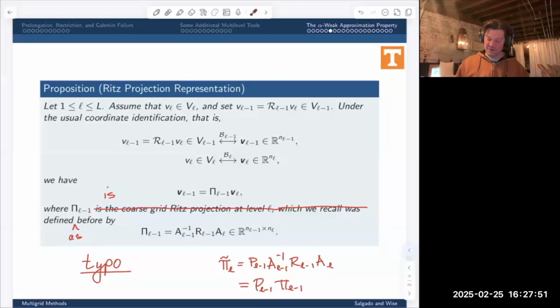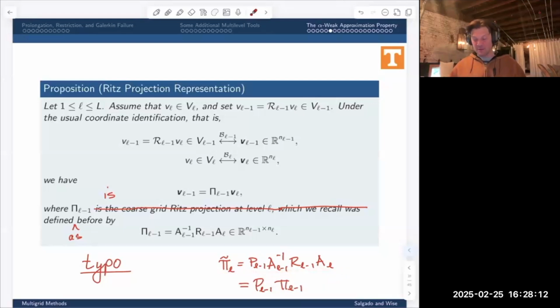So this guy here is square, and this guy here is not square. This is what we called the coarse grid Ritz projection matrix. This had no name. I couldn't figure out a good name for it. Remember, that's the para matrix, the para matrix.